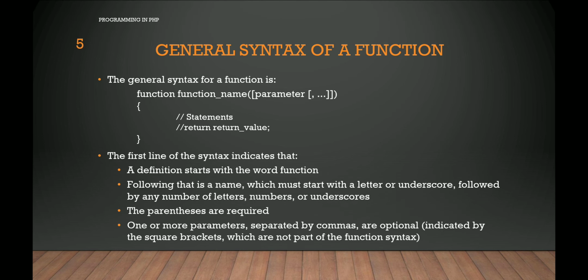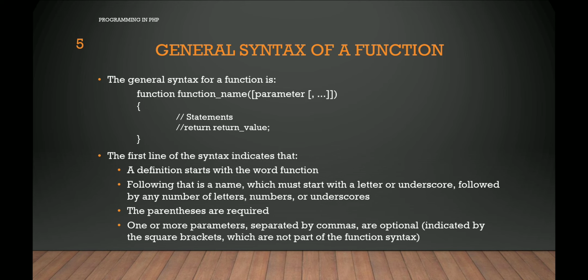Next, the general form or syntax of a function. How to define a function: with the help of the syntax we can create functions in PHP. Like other languages, PHP also has its own syntax. Function is a keyword, followed by the function name and, within brackets, the parameter list.